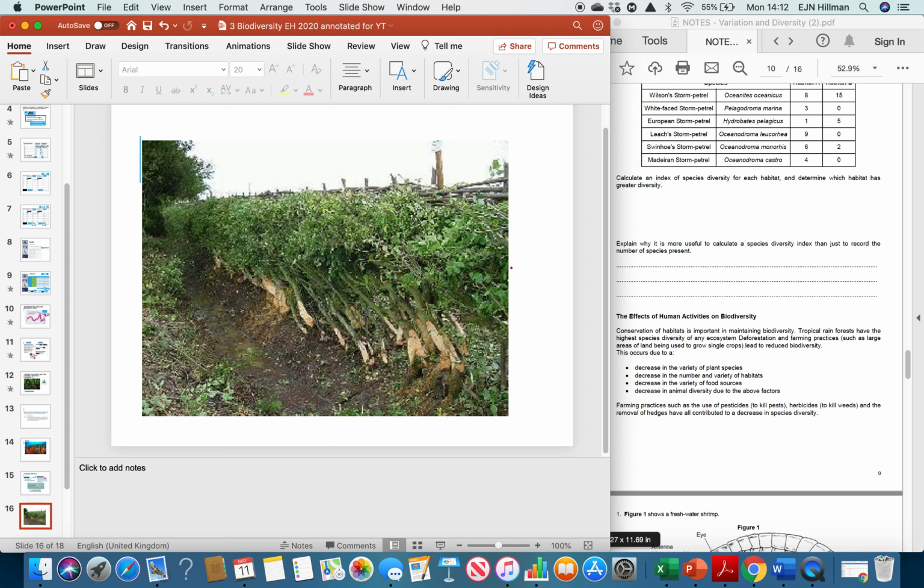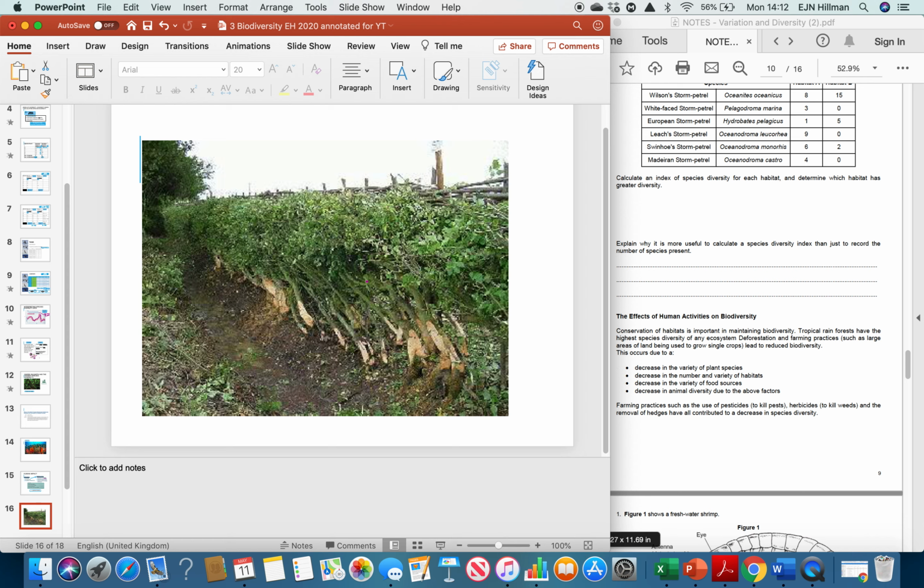Those hedgerows, and you can probably see from this hedgerow, are really great areas for biodiversity. So you may have lots of different species of plants and trees present in those hedgerows, and if there's lots of plants and trees, that means there are lots of habitats, so a good variety of food sources, and those food sources can support a variety of animals.